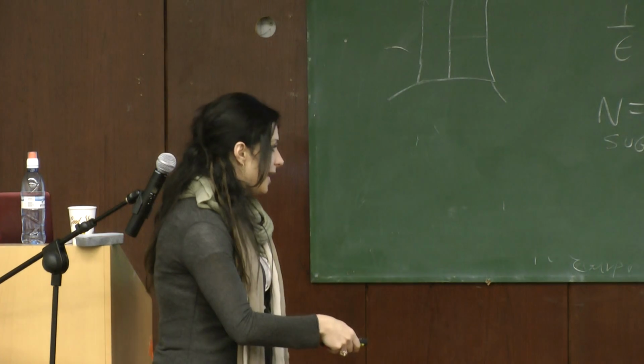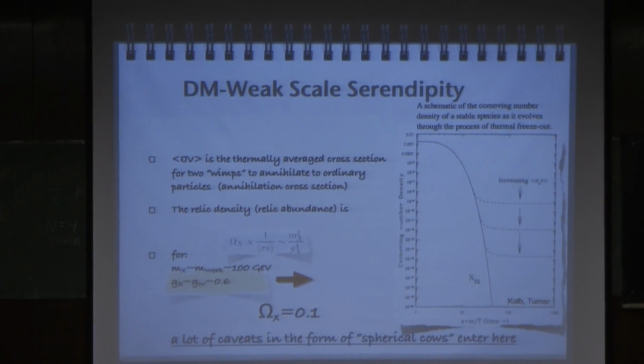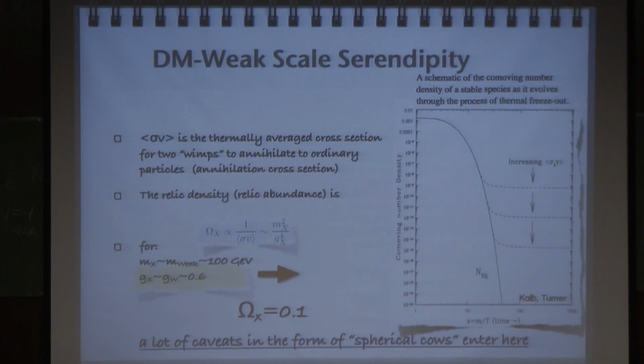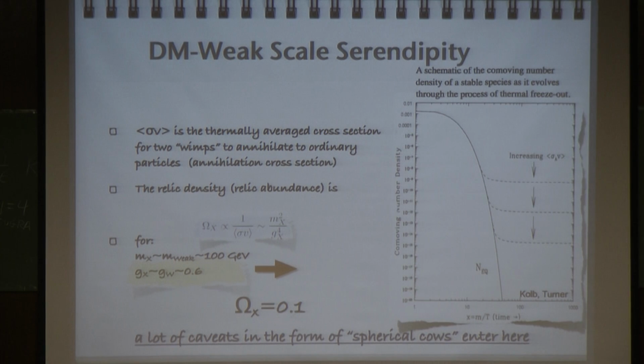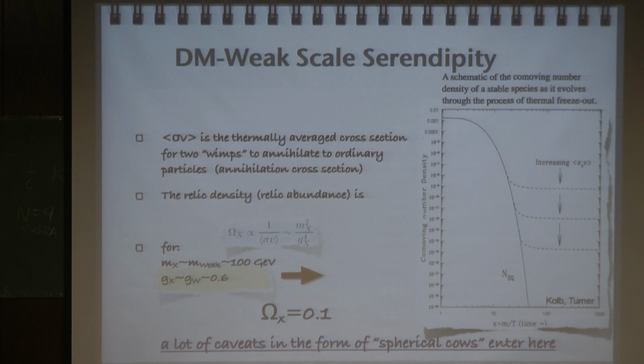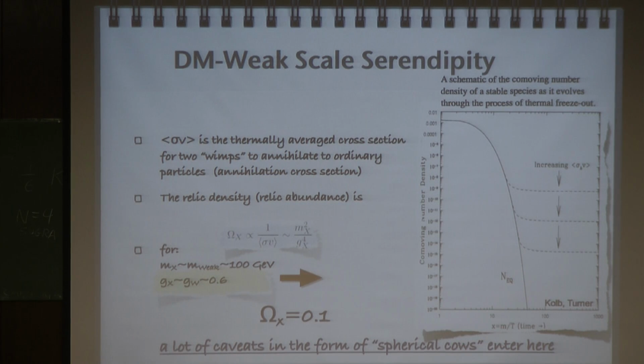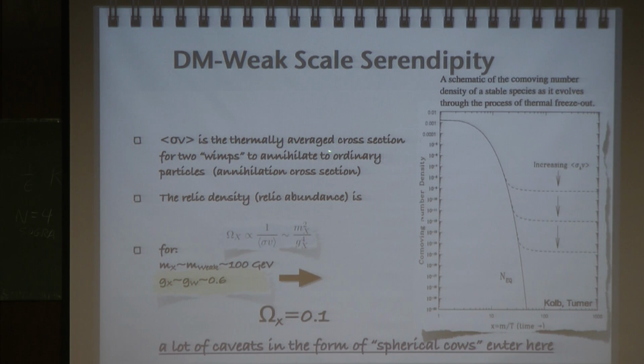If we take into account these conjectures and these assumptions, a coincidence or serendipity, if you want, is happening: any electroweakly coupled particle of 100 GeV that is stable would give you the dark matter you wanted just by doing this thermally averaged cross-section calculation for these weakly interacting particles to annihilate to ordinary particles. And this relic density is coming to what the WMAP is telling you.